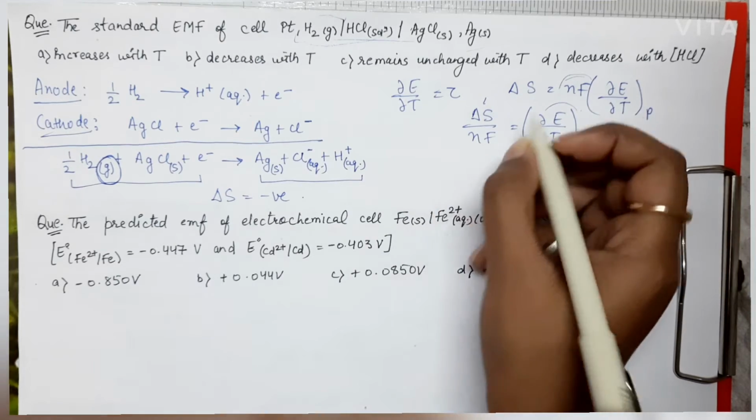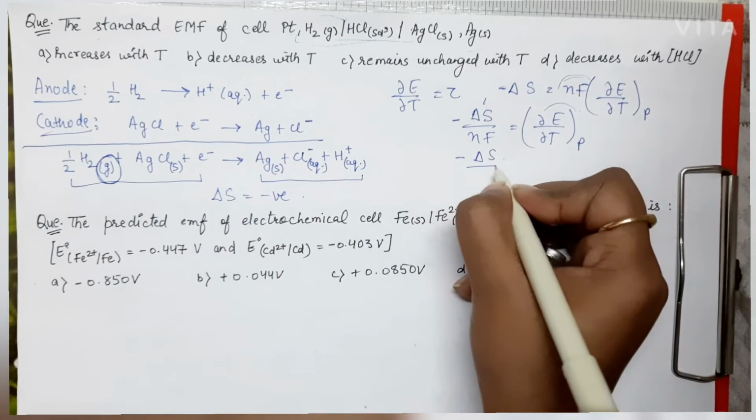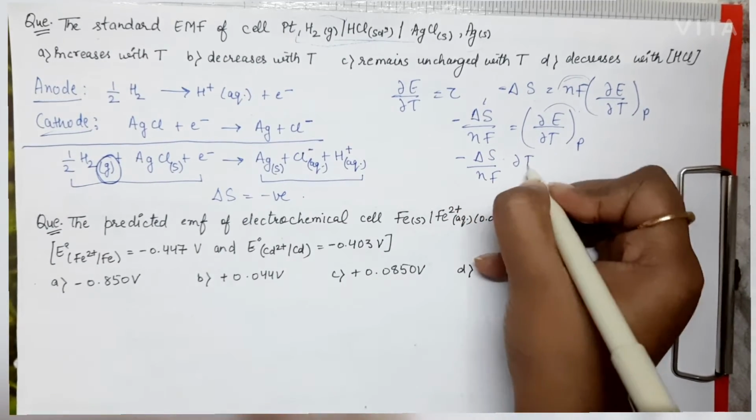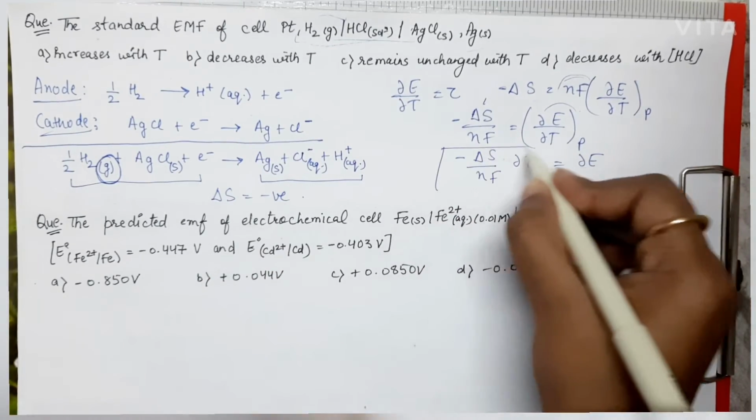So now we have entropy negative. So this is going to be the relation which we are having.